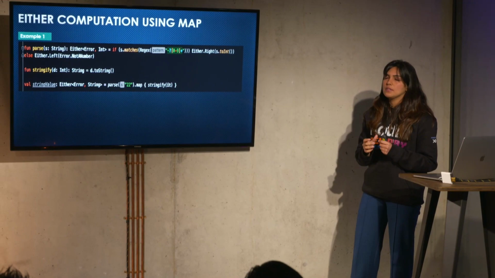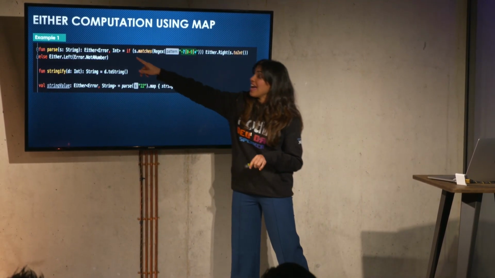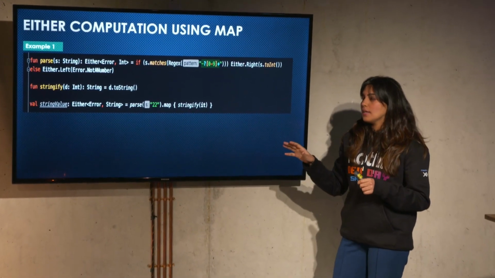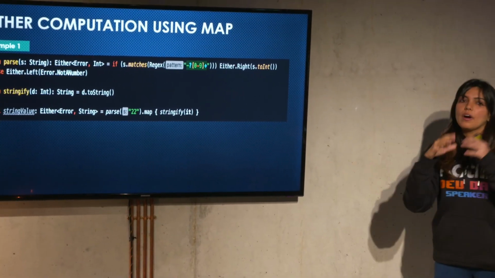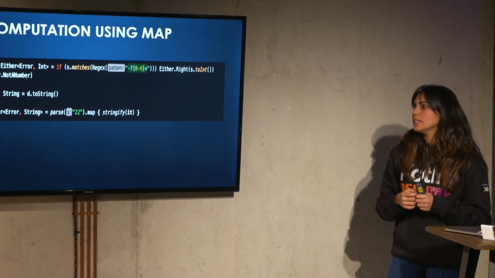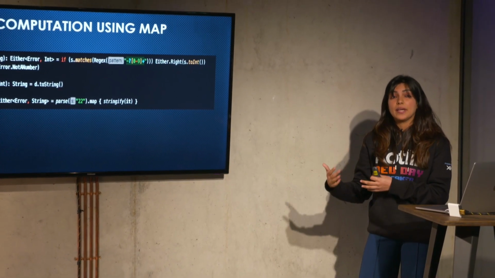We have another simple function called stringify, which basically takes an int and calls the toString function on it. Now what happens when we perform a map operation on parse, which has the return type of Either? As discussed, map is going to unwrap the value. But another important thing to note over here is map always operates on the right side. It's right-biased.